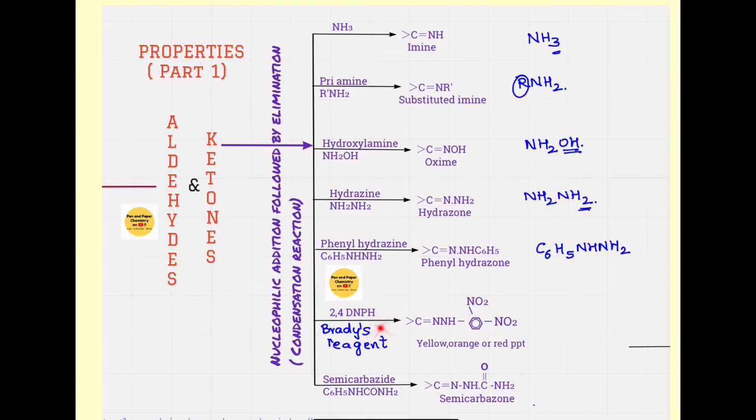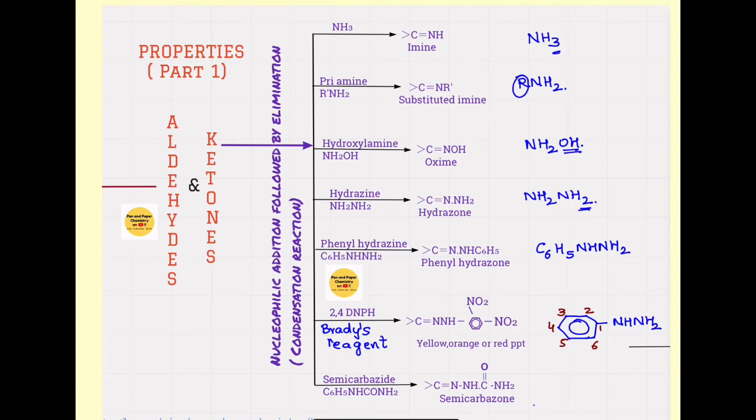What will be its structure? Let's draw the structure of phenylhydrazine first. So we will have here phenylhydrazine, right? So NH, NH2, as simple as that. Now we've got 2,4-dinitro, so that means I will have 1, 2, 3, 4. Yes, it's easy, correct?